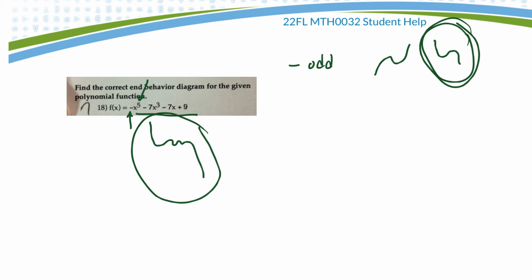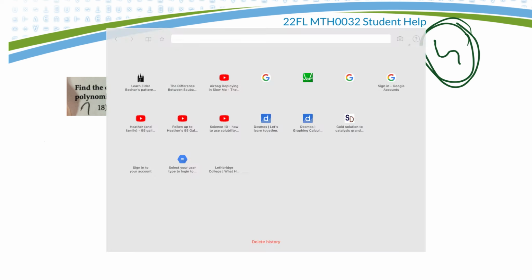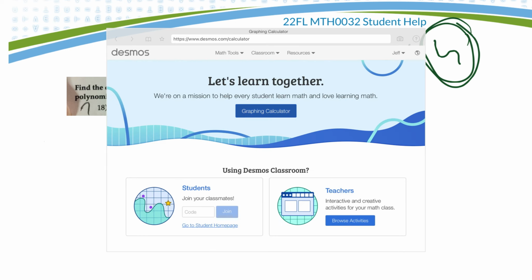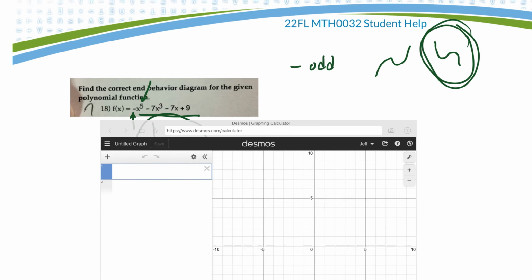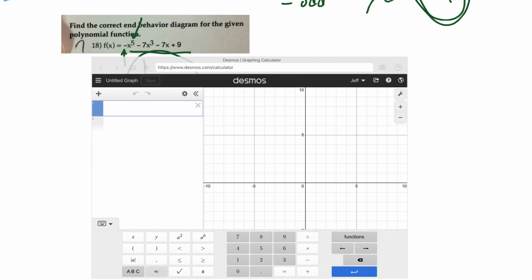The other thing you could do, and I'll just try it, is graph it. And then you know what it's going to look like. Okay, move that up a bit. Okay, so I want to go negative x to the 5th, and I could probably stop right there.